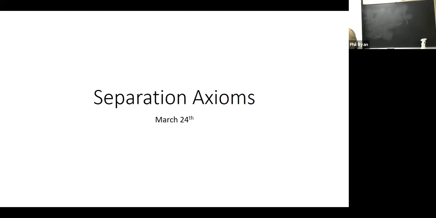The last time we looked at countability axioms. So these are topological requirements for our space to be able to prove various things. And when we were talking about countability, we were talking about the basis of the topology, like open sets.